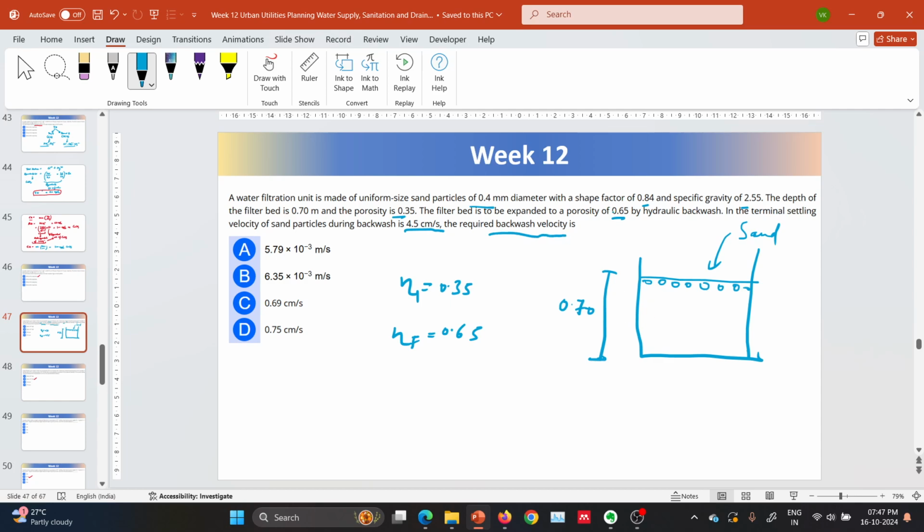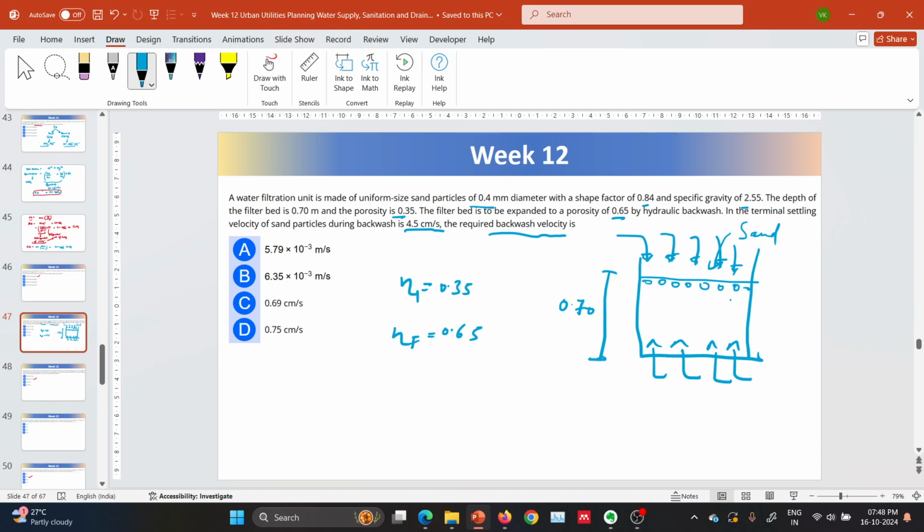So during the treatment of water, the water is passed through this sand bed. There are two cases: treatment of water and cleaning of the filter. For cleaning the filter, the water is passed in the reverse direction, that is called backwashing.